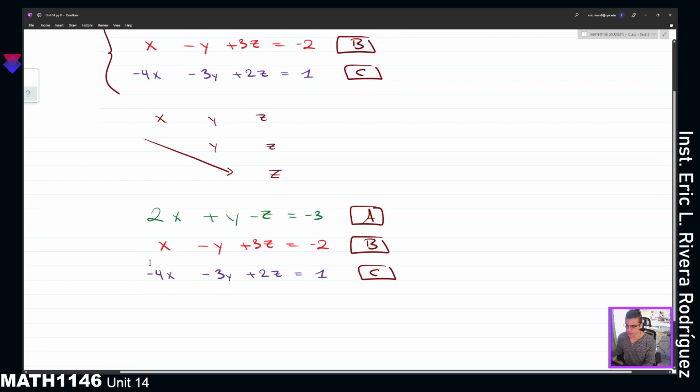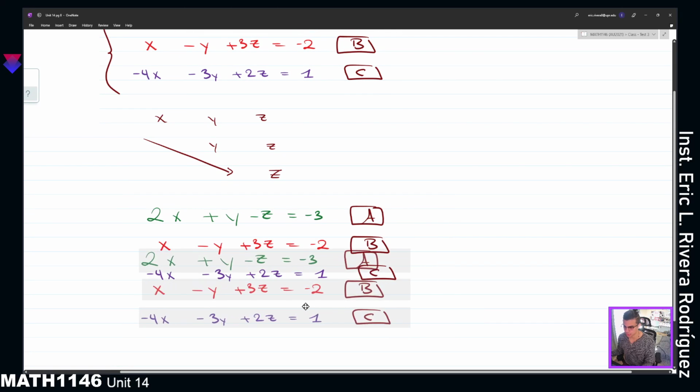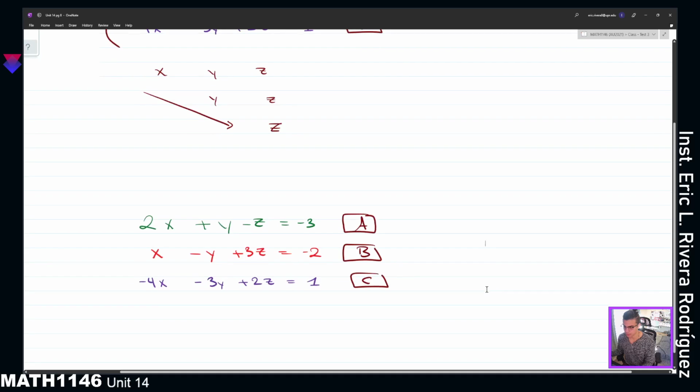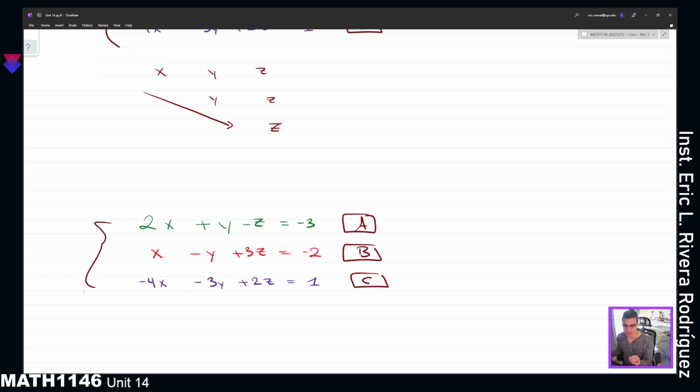So because the coefficient of the x term of equation B is positive 1, and that is a convenient value to have, because we can manipulate the multiplication more easily when we have just one.